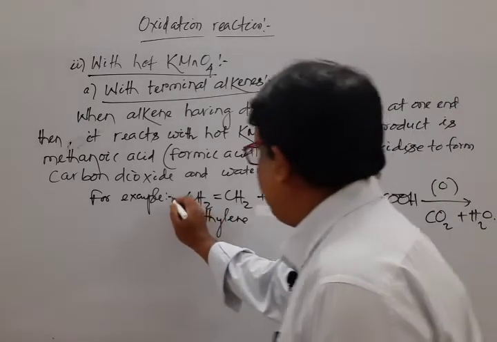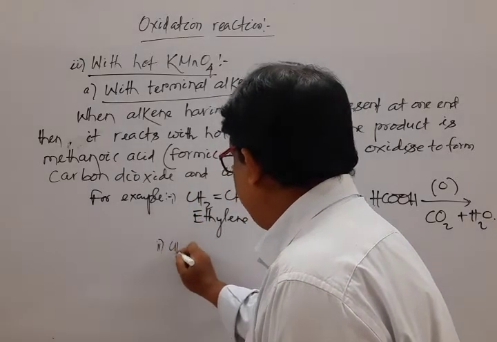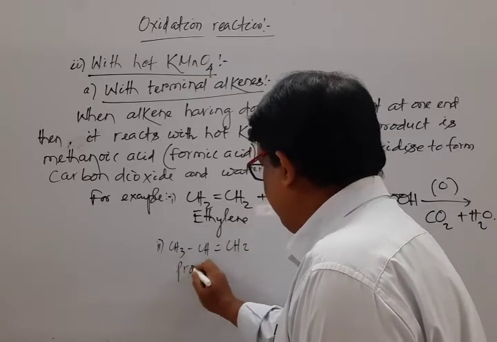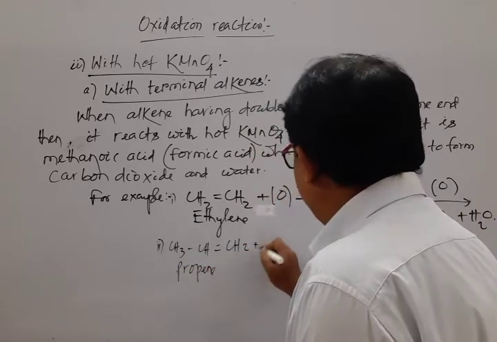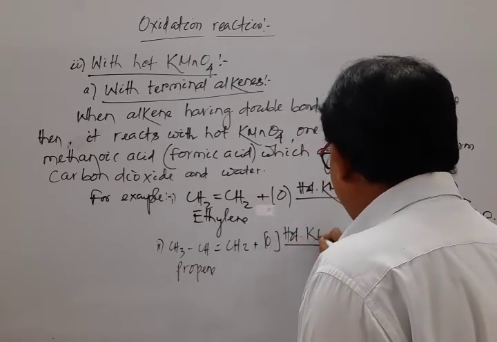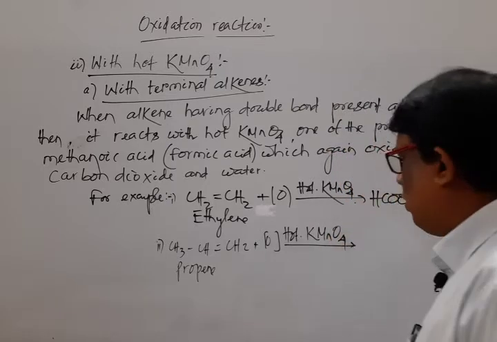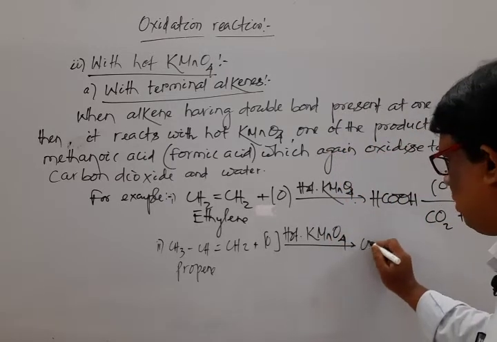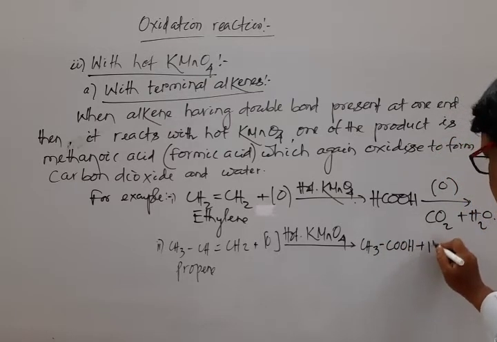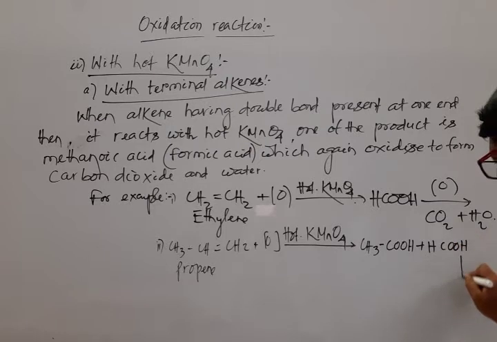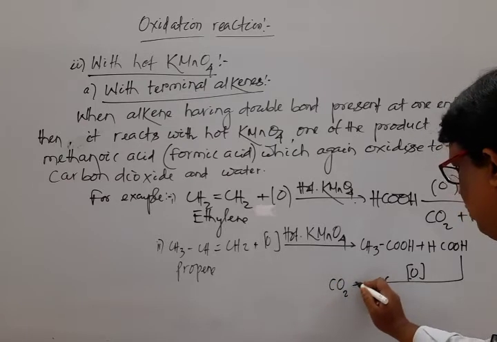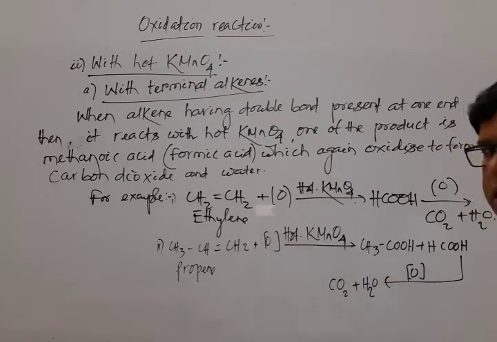Okay. Similarly, example 2, that is CH3CH=CH2, propene, undergoes oxidation in presence of hot KMnO4, resulting in the formation of CH3COOH plus HCOOH, which again undergoes oxidation to form CO2 plus H2O.